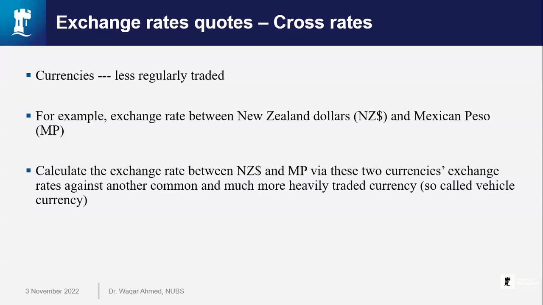Here we have an example of a different type of exchange rate, which we call cross rates. You need cross rates for currencies that are less regularly traded or which have lower demand.